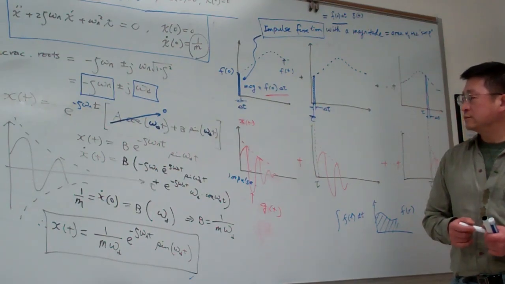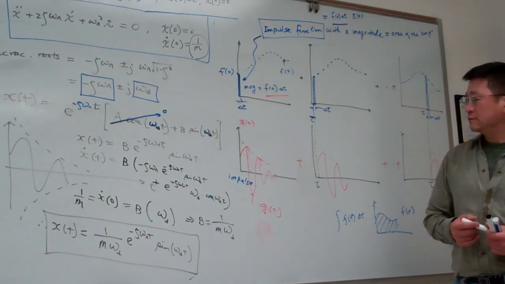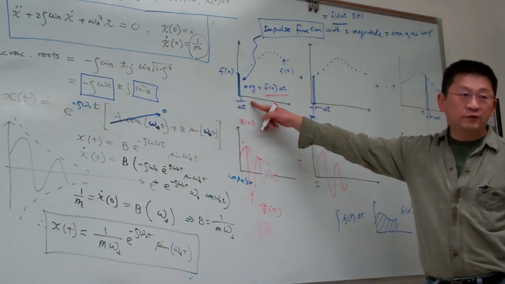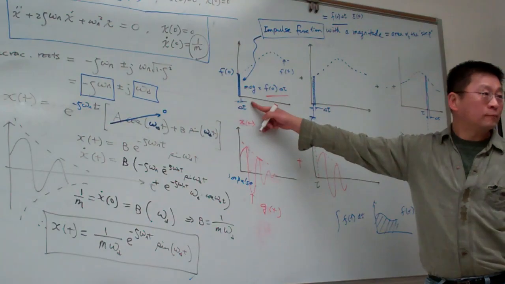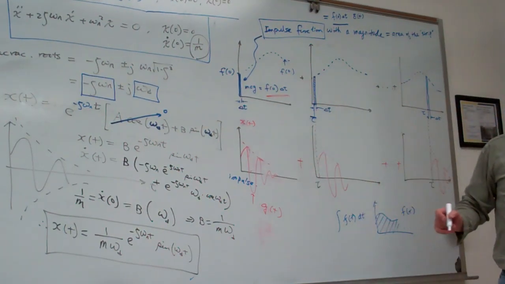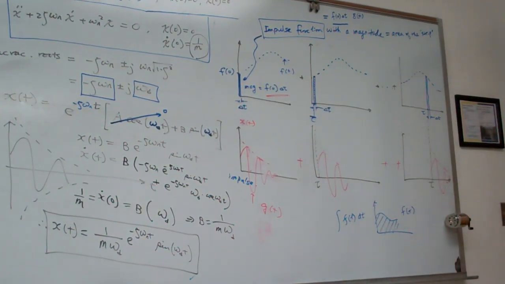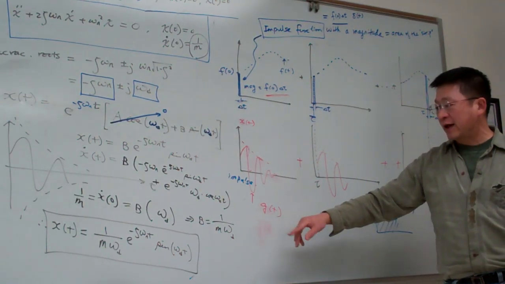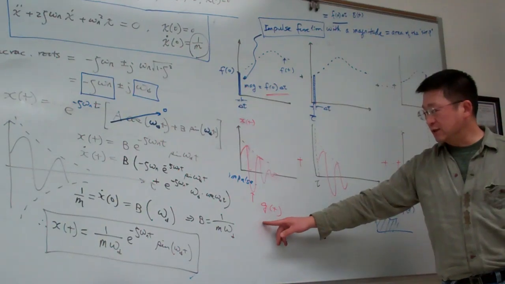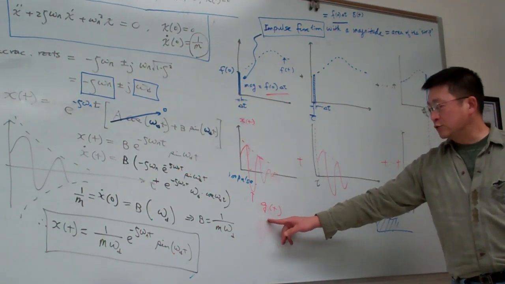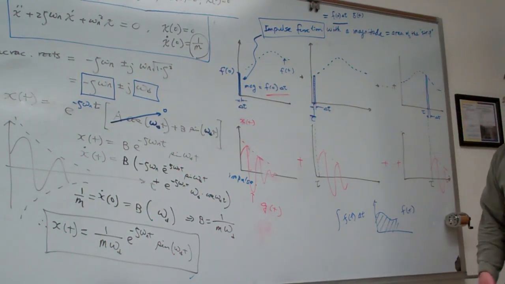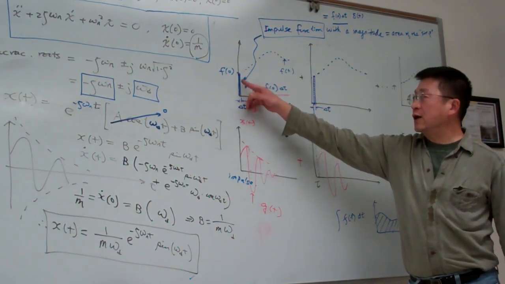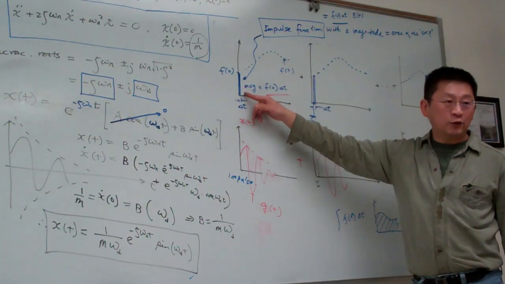So g(t) is the response to this, right? If you have your lecture notes, turn a few pages back. Right now, I'm going to write down g(t). g(t) is the response of the system to such an impulse, which is not unit.